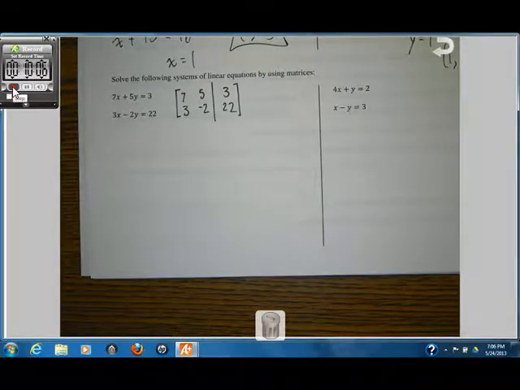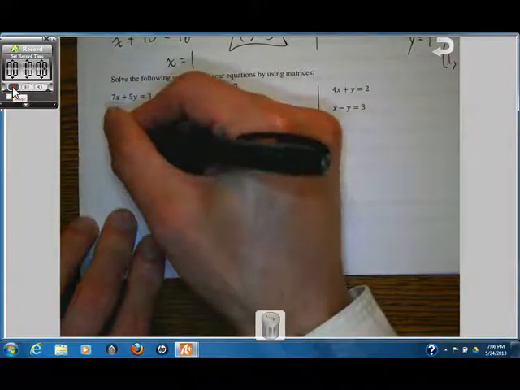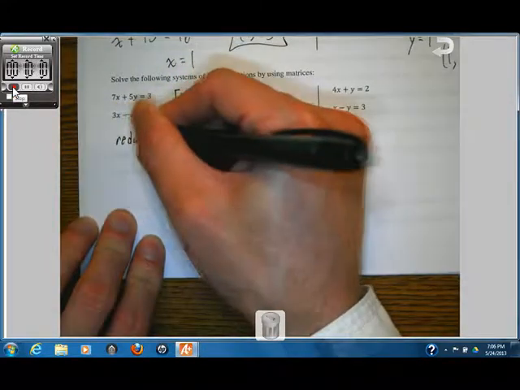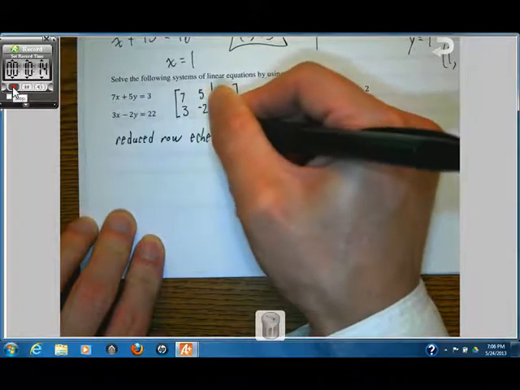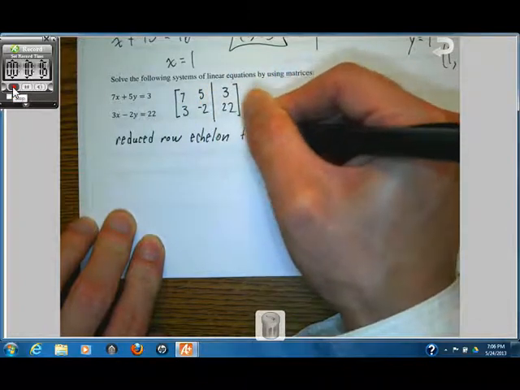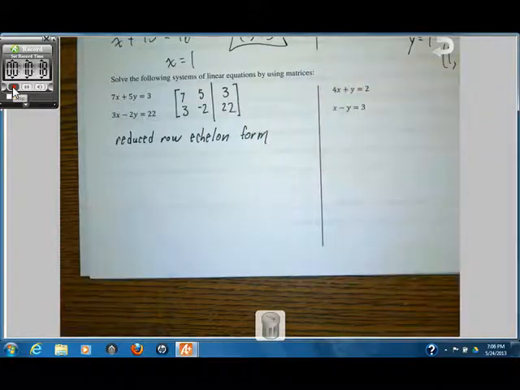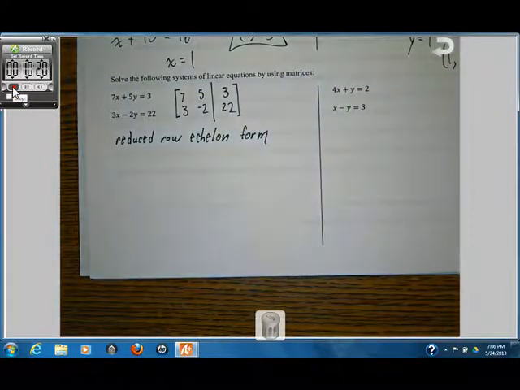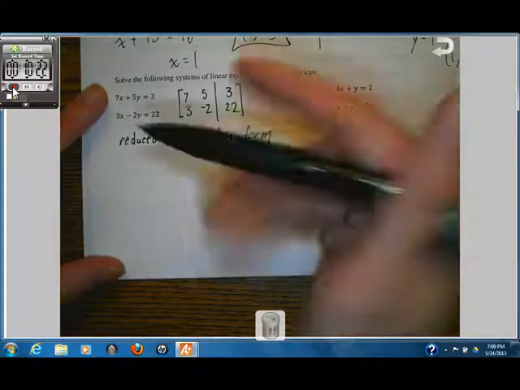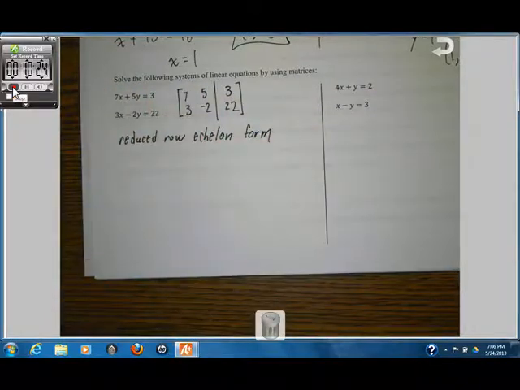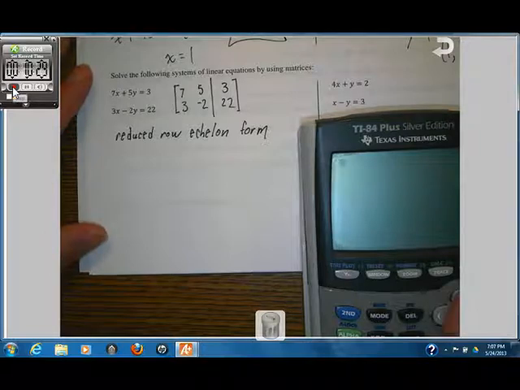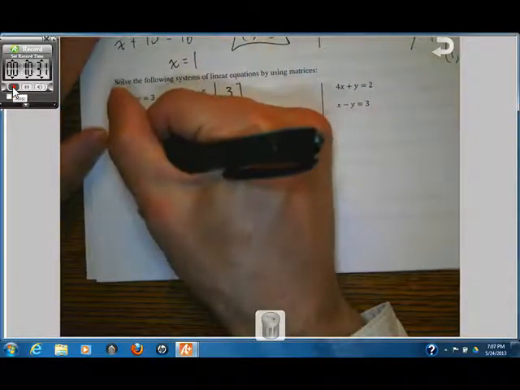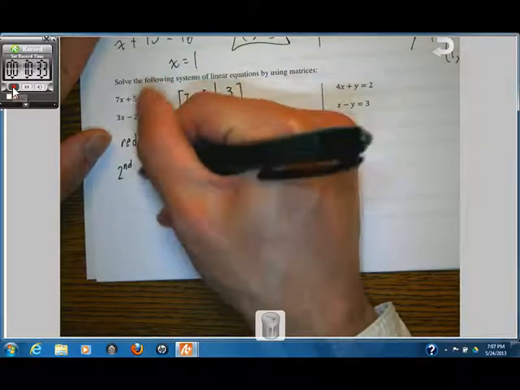In a calculator, I'll show you in a moment. The first thing you're going to do, I'm actually going to write the commands out for you since there's not much work to be shown. You select second, matrix, edit. We're going to edit matrix A. And you input the dimensions of a matrix.